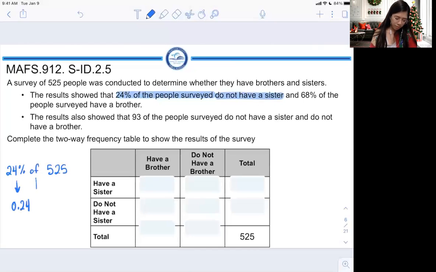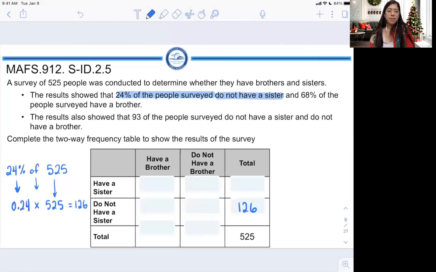The word of means multiply. What's 0.24 times 525? 126. So 126 people do not have a sister.